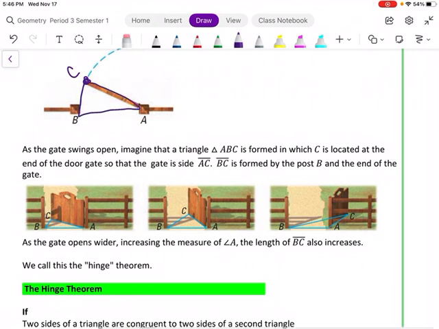As the gate opens wider, you'll notice that BC keeps increasing in measurement, even though the other two sides of the triangle, BA and CA, stay constant between the two triangles. Those never change. We call this the hinge theorem.